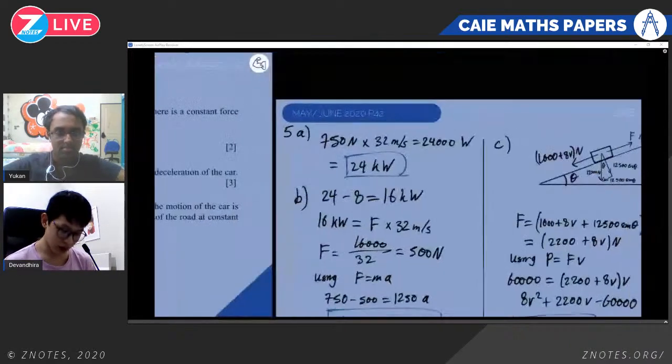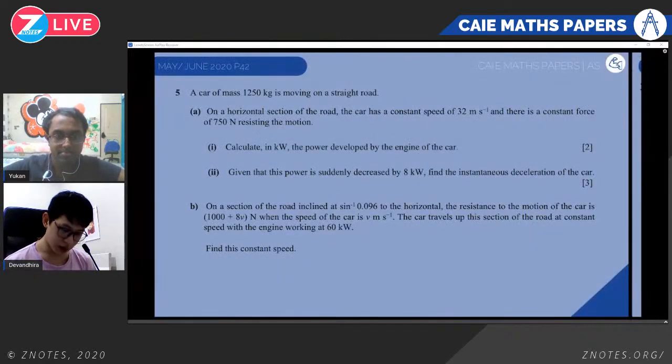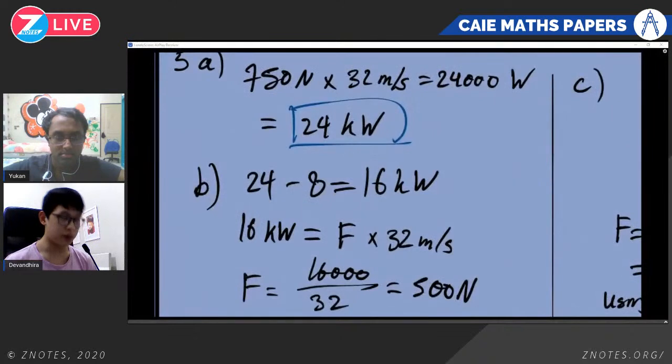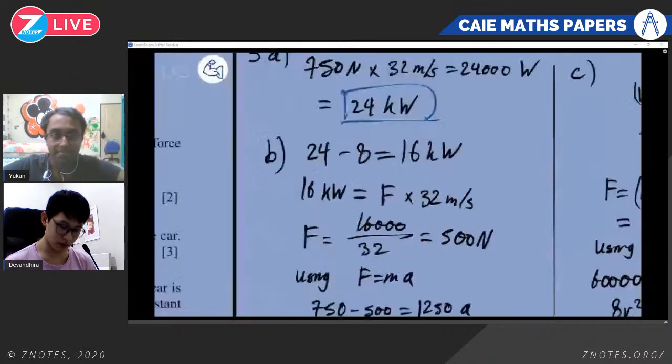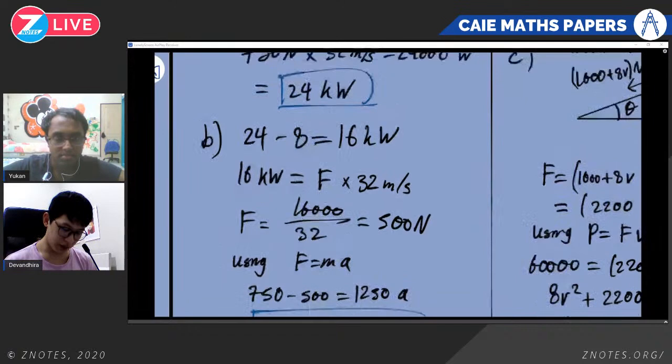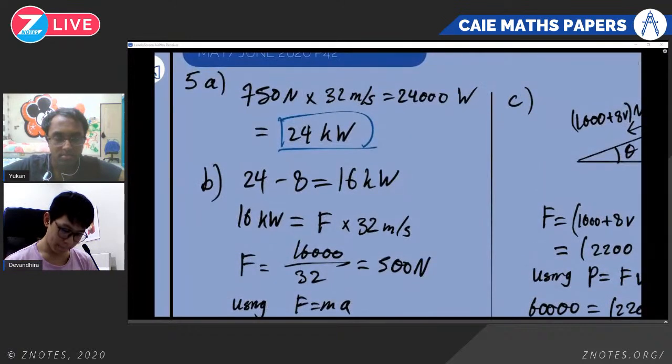All right. Second one is that this power is suddenly decreased by 8 kilowatts. So if our power was 24, it's decreased by 8, just 24 minus 8. So we have 16 kilowatts, correct? Right. So the same thing as before, because there's a sudden change in power, that means the force also changes. The speed is still the same because it hasn't decreased yet.